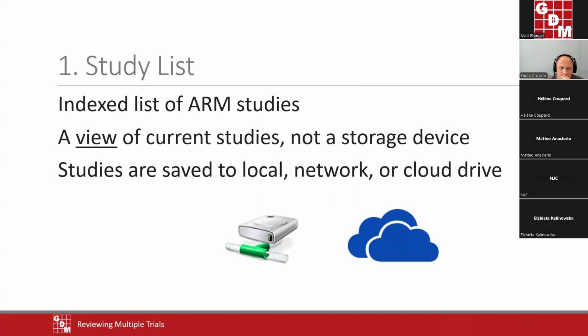Okay, so our first topic here is to use the study list. Just to introduce this function, it is the very first tool that comes up if you open up the ARM software without opening a trial. It's the opening window there.